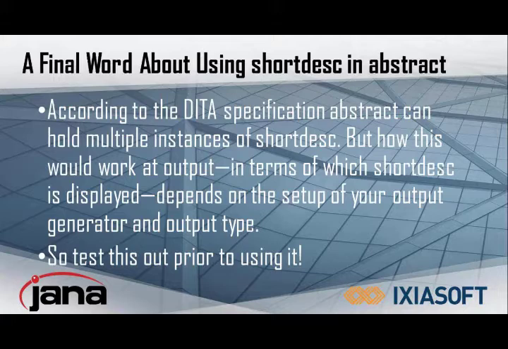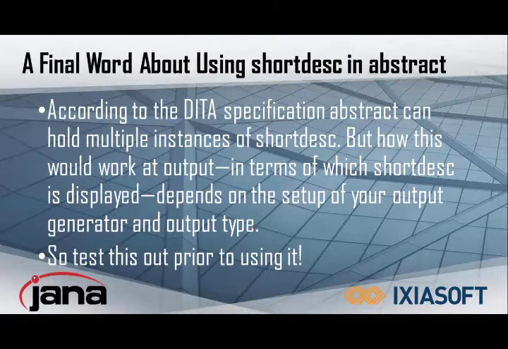So according to the DITA specification, abstract can hold multiple instances of short description. But how this can actually work at output, in terms of which short description is displayed, depends entirely on the setup of your own output generator and output type. In practice, when I was using some of the more standard tools that are out there, all I could ever come up with was the very first instance.